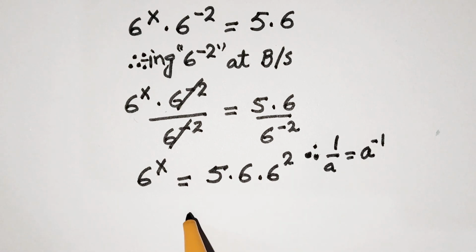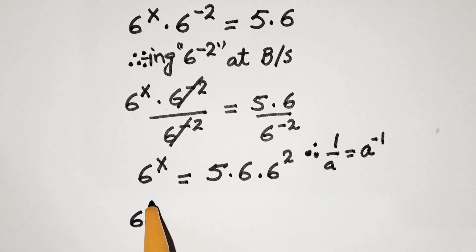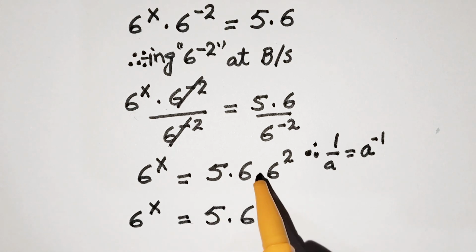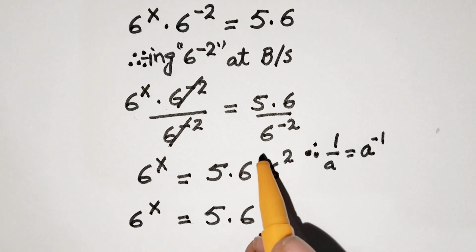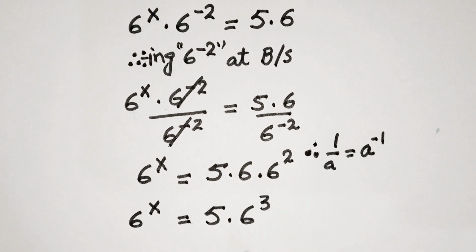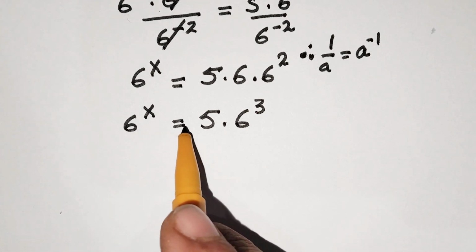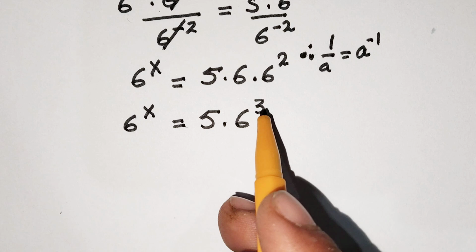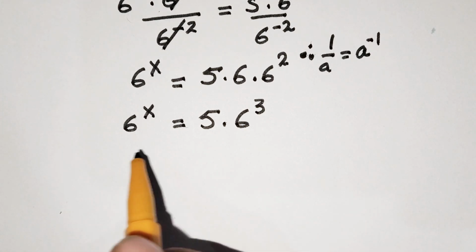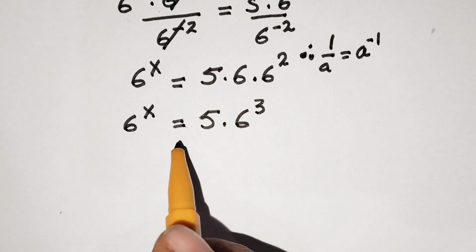Now 6 to the power x equals 5 times 6 to the power, and since 6 has exponent 1, 1 plus 2 is 3. So 6 raised to the power x is equal to 5 times 6 raised to the power 3. Now we are going to take the logarithm on both sides.